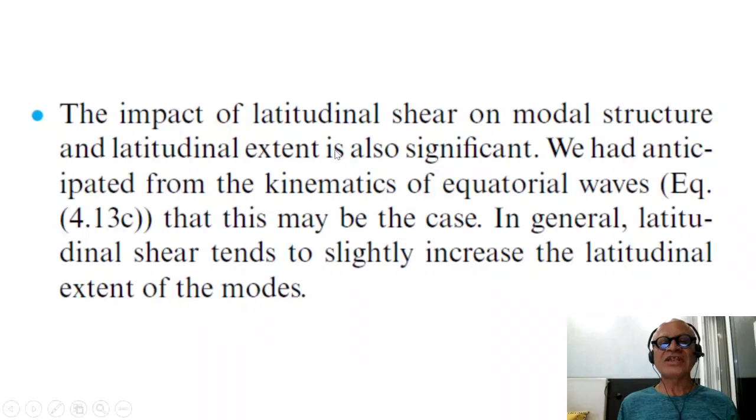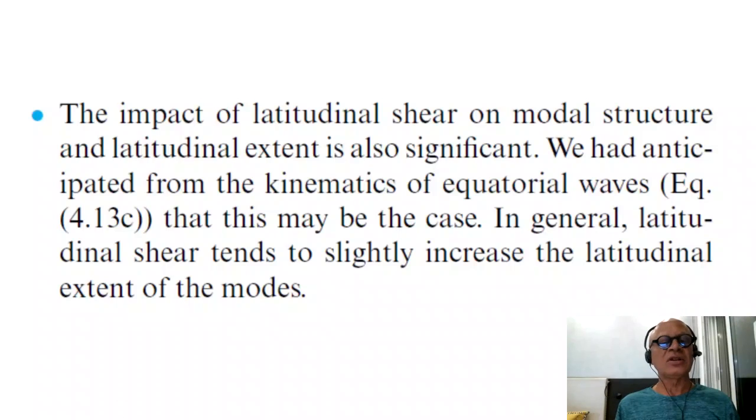The impact of latitudinal shear on modal structure and latitudinal extent is also significant. We had already seen that from the kinematics of equatorial waves that this could be important. In general, latitudinal shear tends to slightly increase the latitudinal extent of the modes.